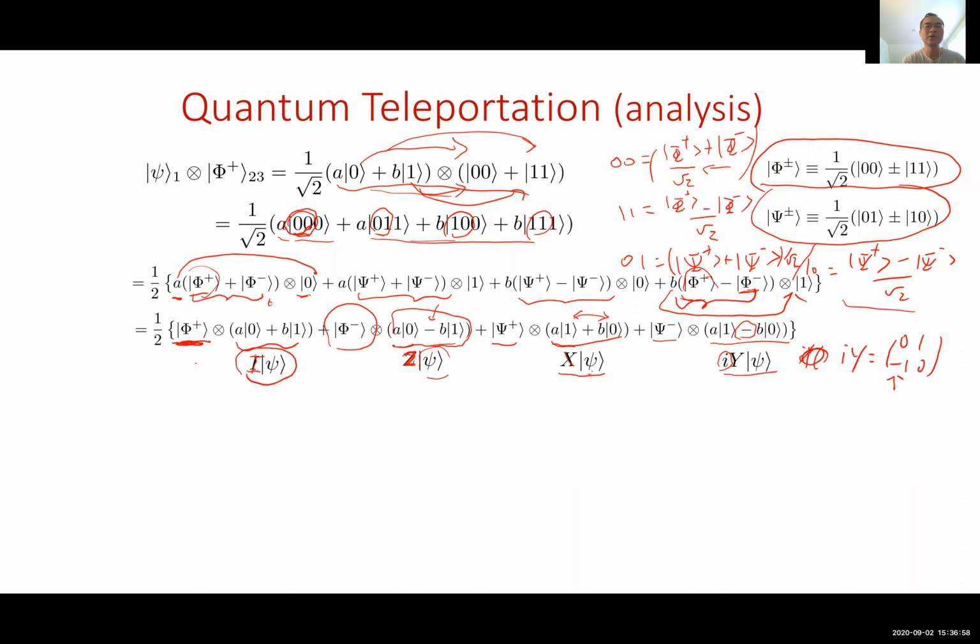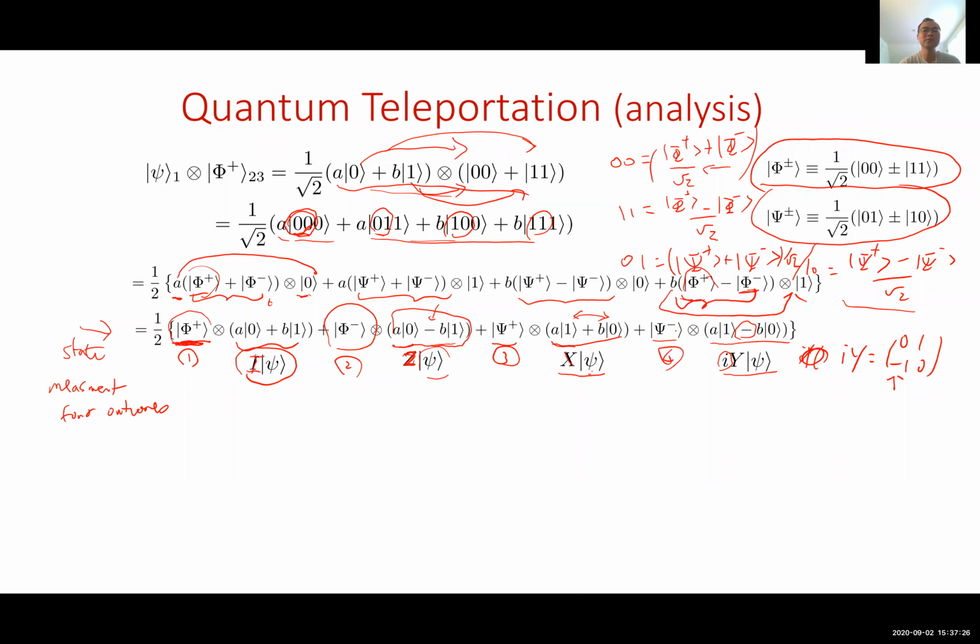And now comes the measurement. This is the state that we have, right? If we perform measurement on the first two qubits, you can get 4 possibilities. So measurement has 4 possible outcomes: outcome 1, outcome 2, outcome 3, 4.